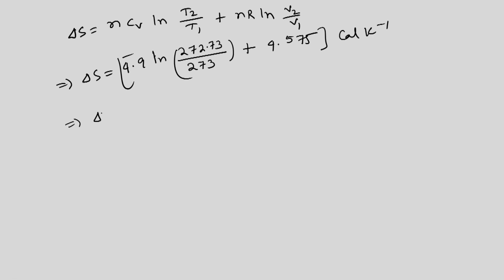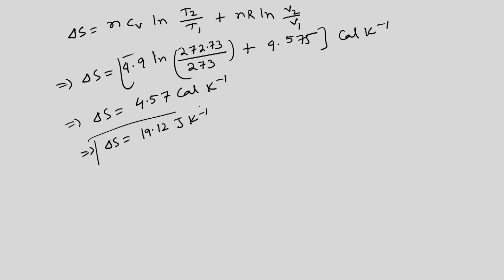So, if you further solve it, we get 4.57 calorie per Kelvin, or delta S is 19.12 joule per Kelvin. Okay, so, this is the value of entropy change for this process. Thank you.